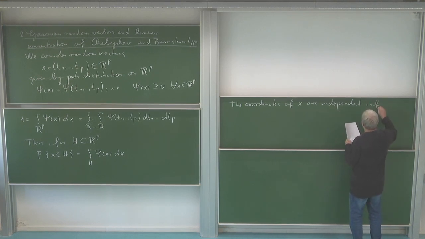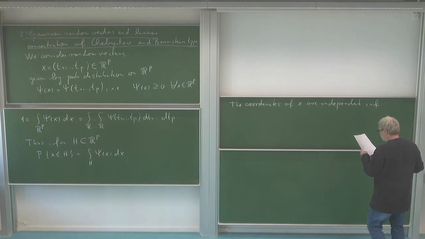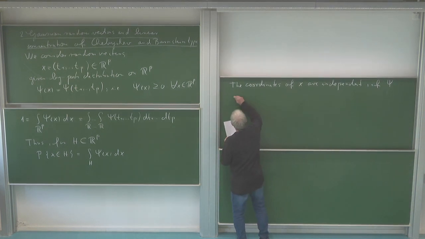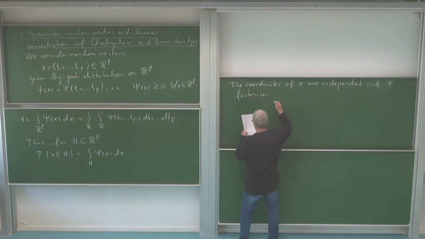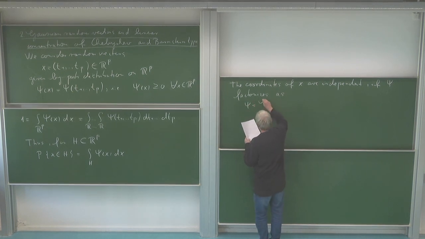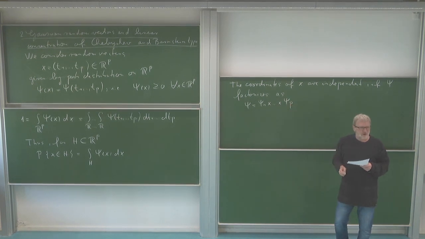if this density factorizes into densities according to each component. So if psi factorizes as a product of psi1 up to psip, where those are densities just depending on one coordinate.